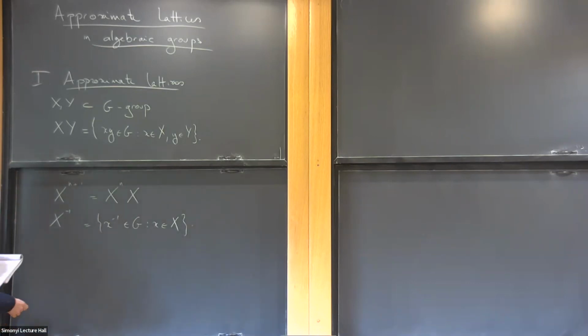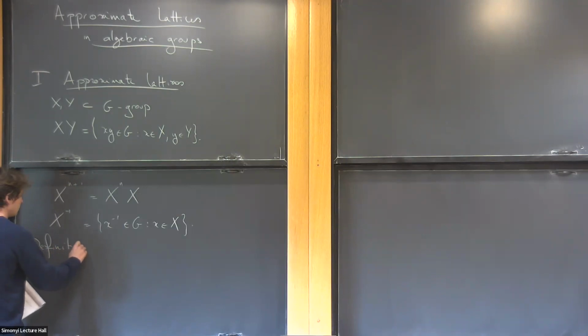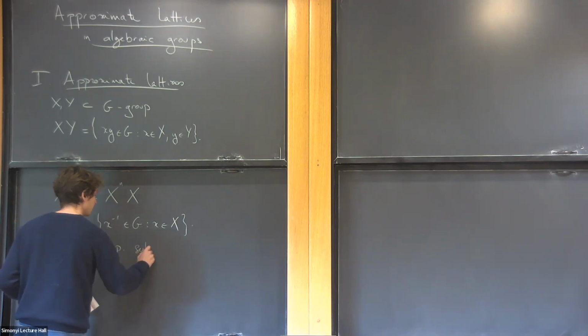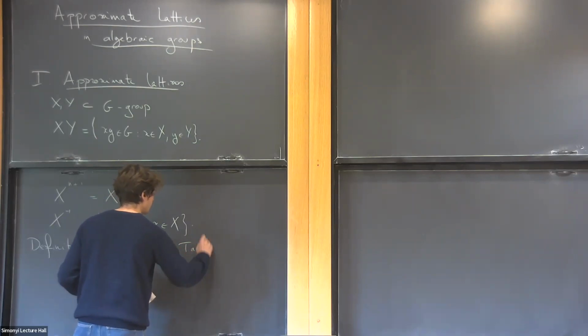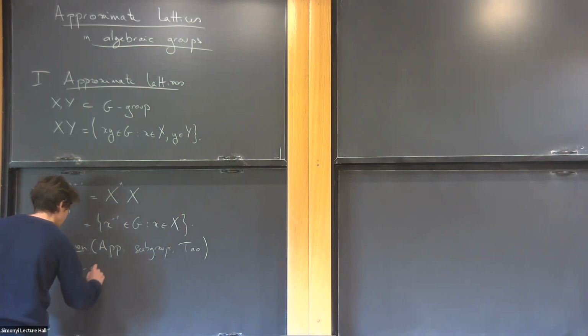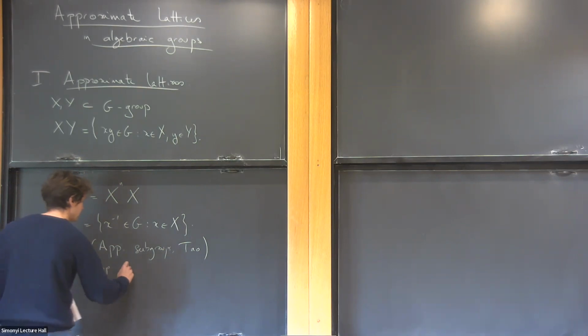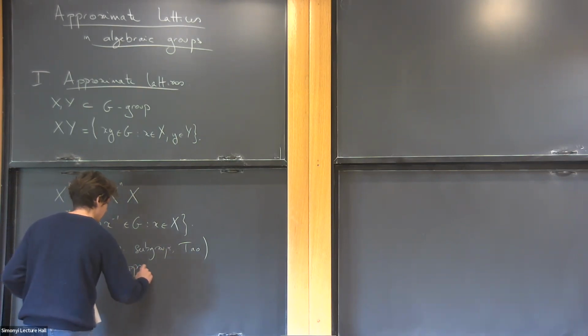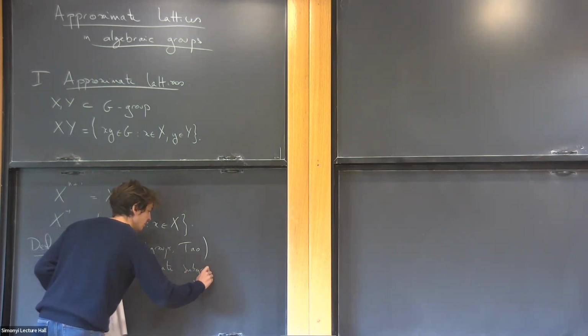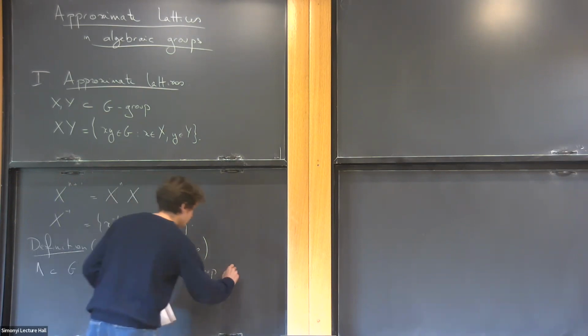So we want subsets of the following kind: approximate subgroups, first defined by Tao. We say that a subset lambda of a group G is an approximate subgroup if two things occur.